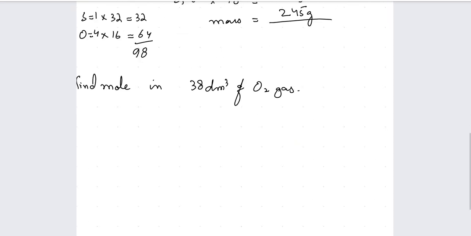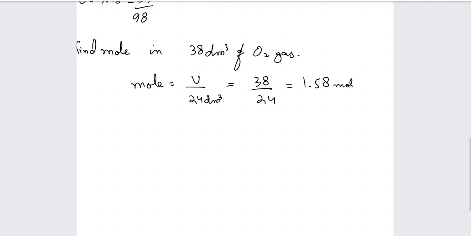Now I will use mole is equal to volume divided by 24 decimeter cube. So volume is 38 and it is 24. So 38 divided by 24 will be equal to 1.58. Unit of mole is mol only.